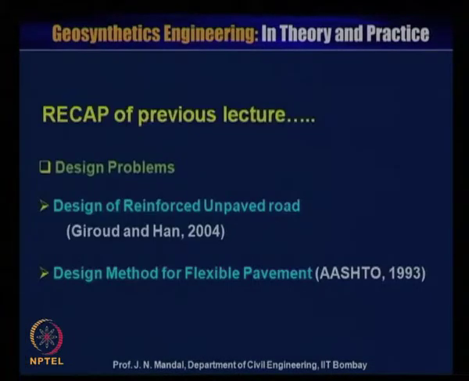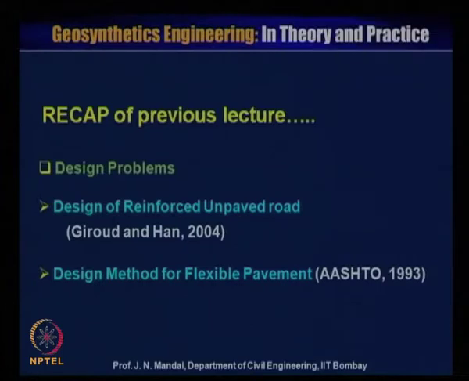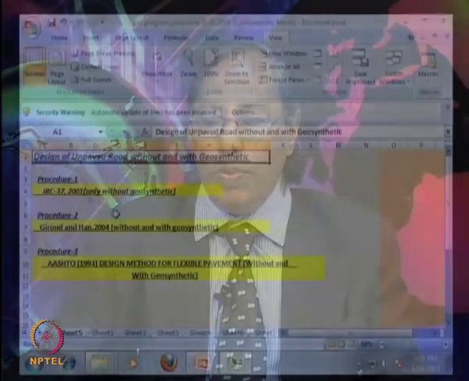I will now focus on a recap of the previous lecture. This was a design problem: design of reinforced unpaved road by Giroud and Han 2004, and the design method for flexible pavement, that is AASHTO 1993. In this lecture, I will show you some Excel programs, how you can calculate the design of unpaved road without and with geosynthetics with 3 procedures.